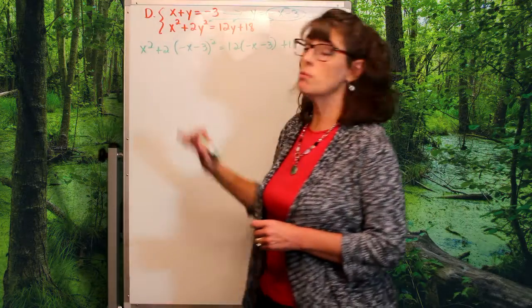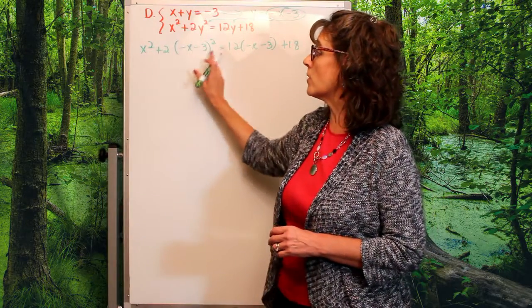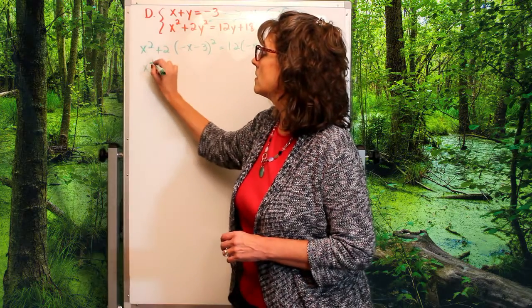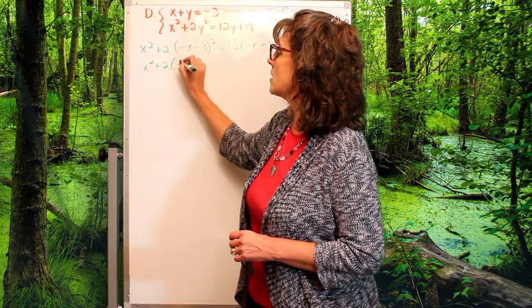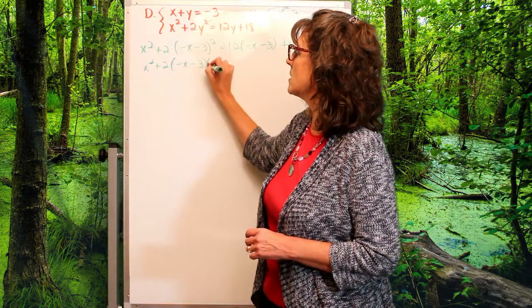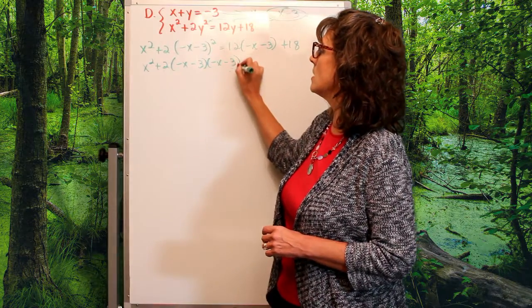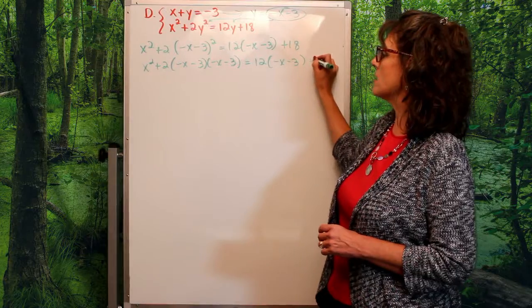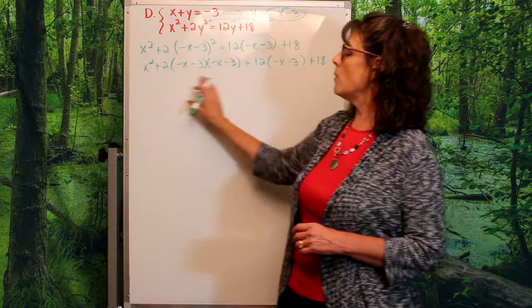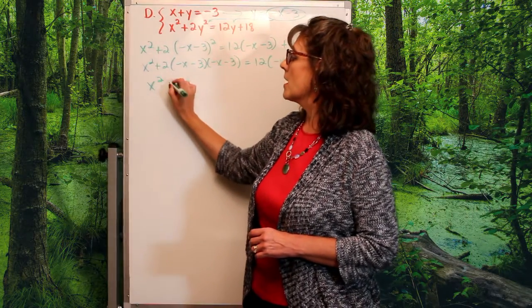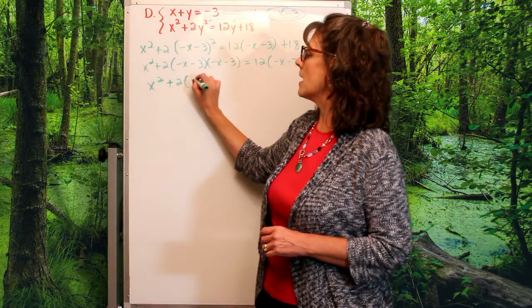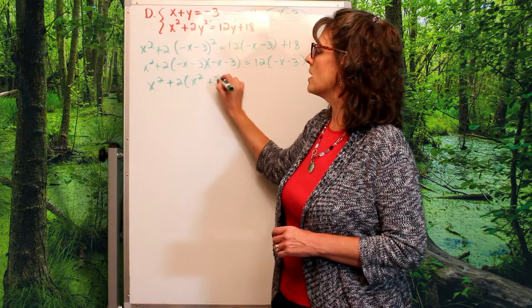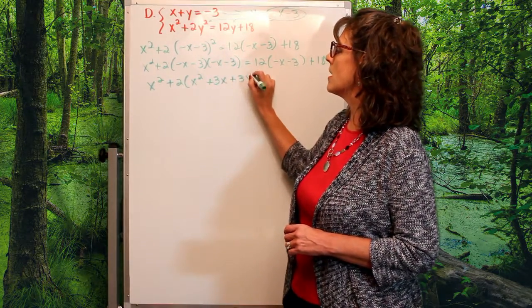Remember, order of operations says let's square this first. And when I square that, it's going to mean a negative x minus 3 times another negative x minus 3. And I'm going to FOIL that, or if you prefer to call it the extended distributive property, as I like to call it. And when I FOIL that, I'm going to get an x squared plus 3x plus another 3x.